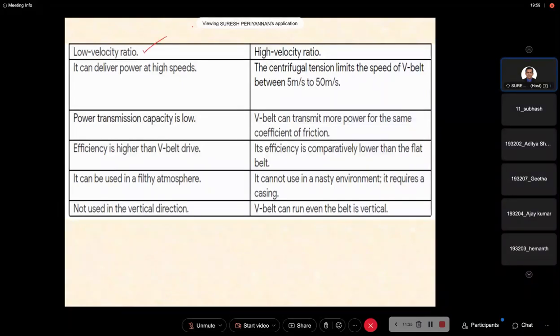The flat belt has a low velocity ratio and the V belt a high one. Just now your friend said 7:1 for V belt and 4:1 for flat belt, so obviously V belt has a higher velocity ratio. In the vertical direction we can't use a flat belt, but a V belt can be used. Now I come to this.